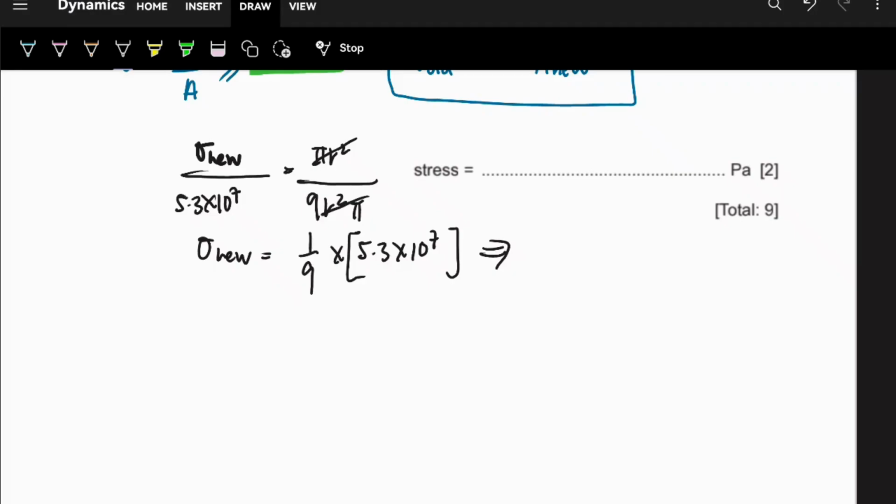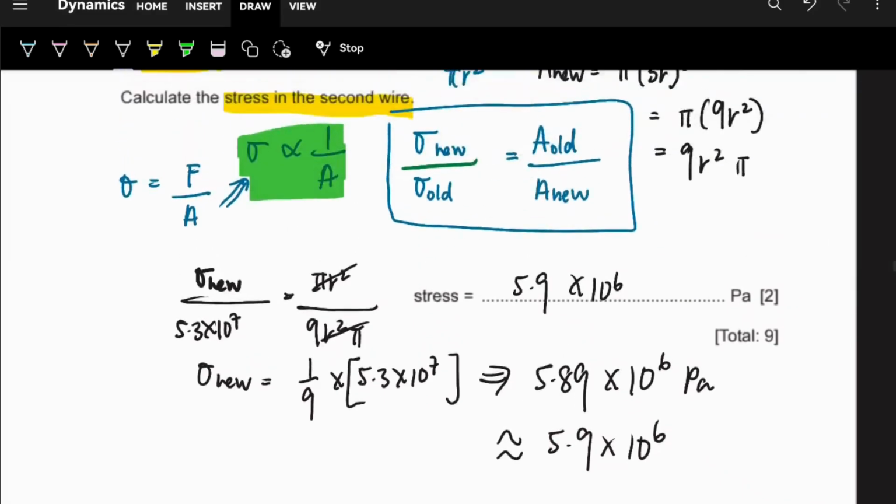You will get 5.89 times 10 to the power of 6 Pascal. In two significant figures, it's 5.9 times 10 to the power 6.